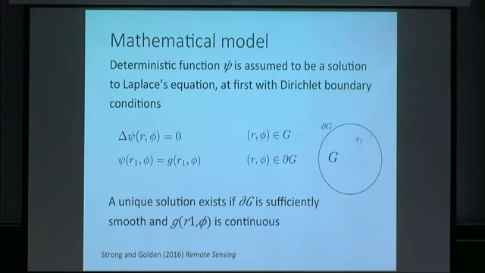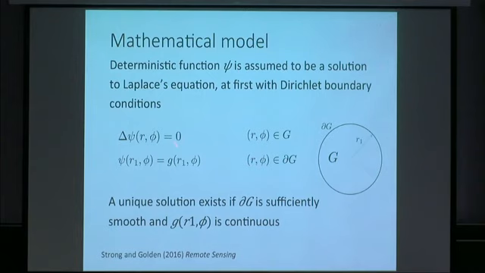Okay, so back to the model we're proposing here. The deterministic function psi, as I mentioned, is assumed to be a solution to Laplace's equation, and at first we'll think about this as a Dirichlet problem, meaning we'll have psi solving Laplace's equation on the polar data gap, which is shown in a diagram here as region G. This polar data gap has radius r1.